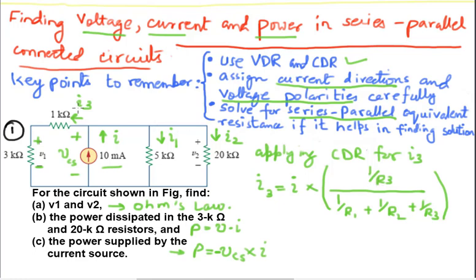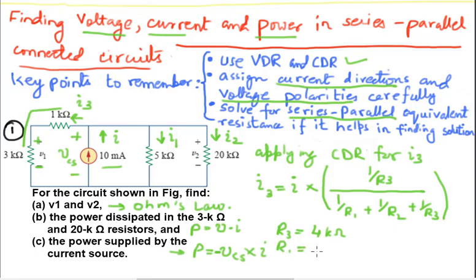R3 over here is actually the series combination of 1 kilo ohm and 3 kilo ohms. So R3 here in this expression is going to be 4 kilo ohms.